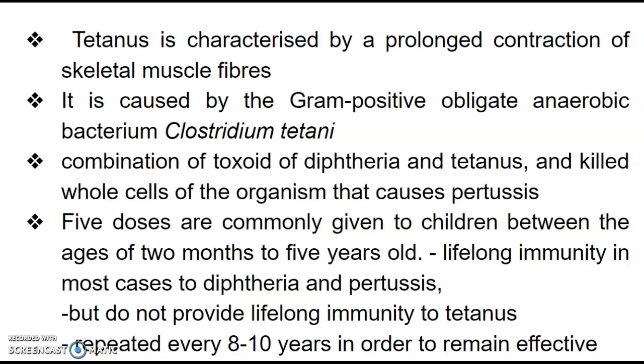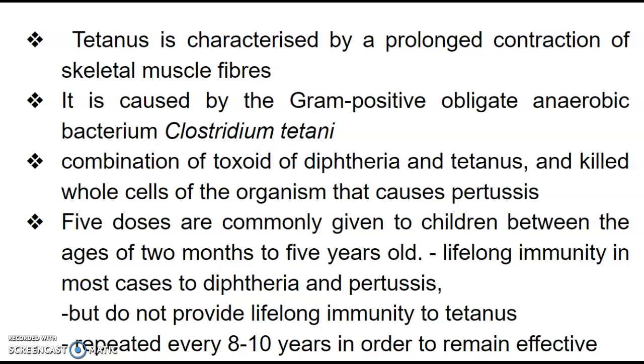Here also, as we know, it's given in combination with D and P, that is diphtheria and pertussis. And here diphtheria and tetanus vaccines are toxoids, that is a modified toxin. In the case of pertussis, it is not the toxin but the organism, the killed whole organism.